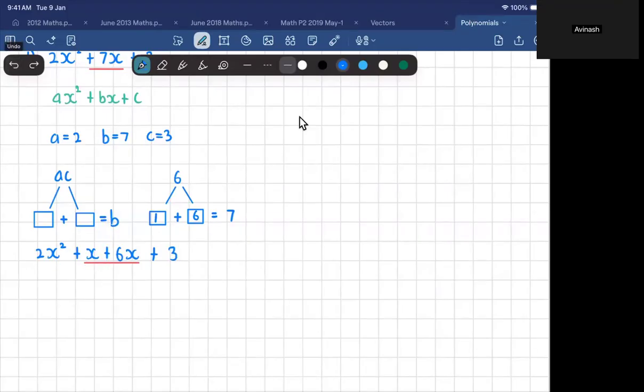I see something they have in common. What do both of them have in common? Do you see anything that looks the same?